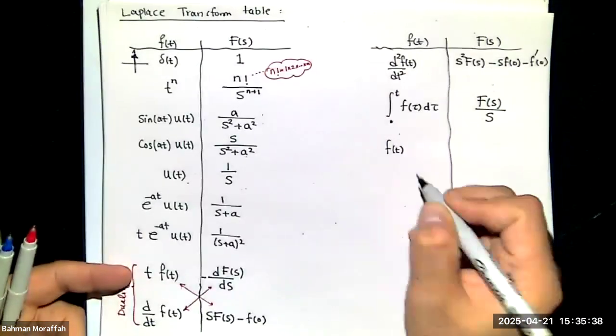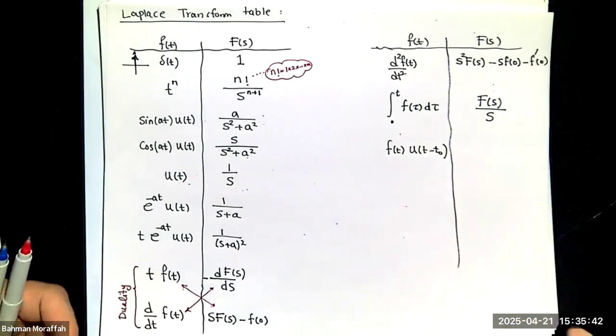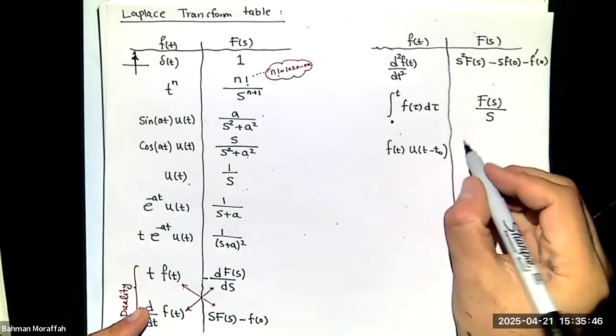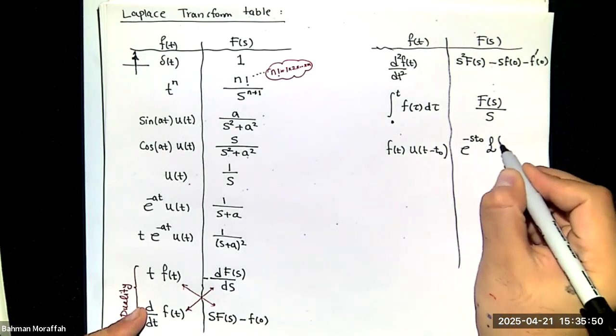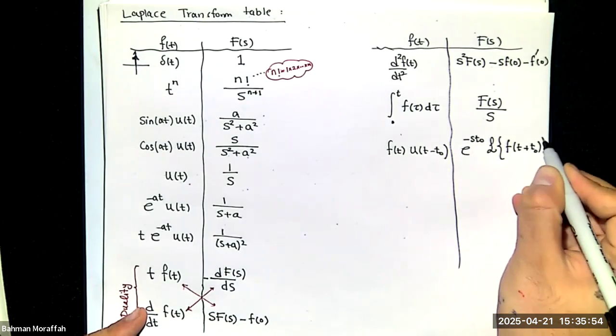If I multiply any function f of t by u t minus t naught, since I'm shifting this by t naught, I have to multiply it by e to the power of minus s t naught, times the Laplace transform of f evaluated at t plus t naught.